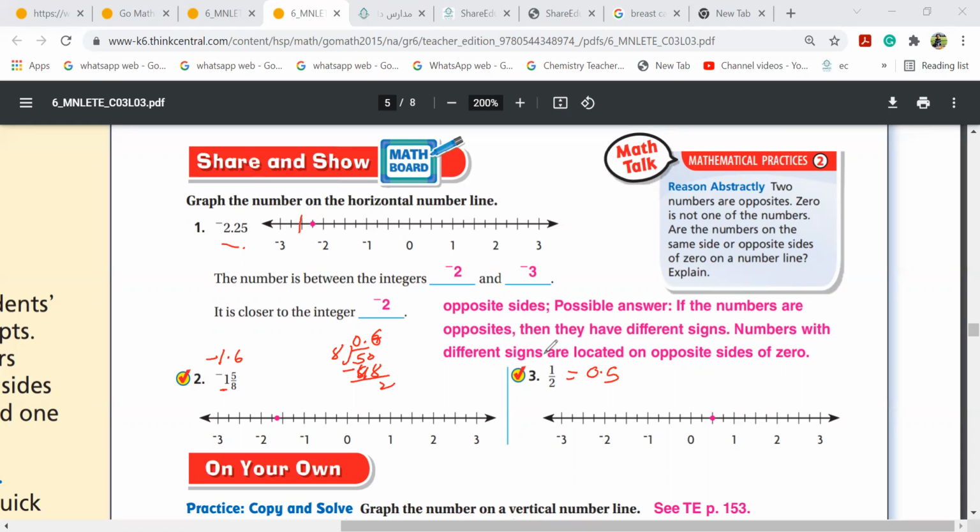Miss, what is this number? 48. One minute, I'll just write it clearly. It was 50, 48.